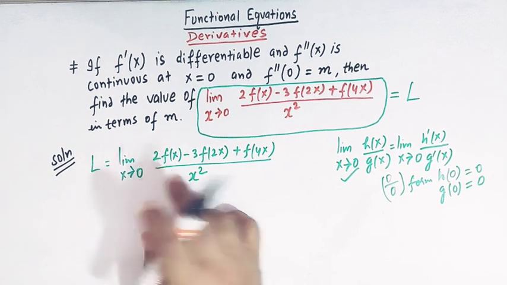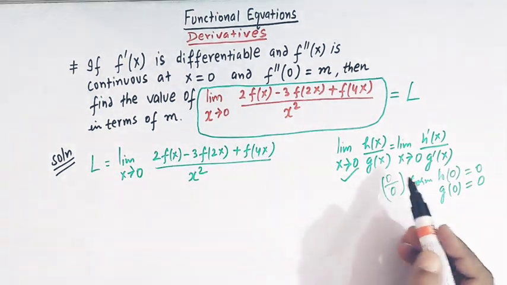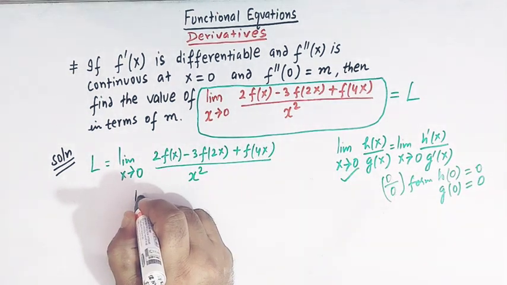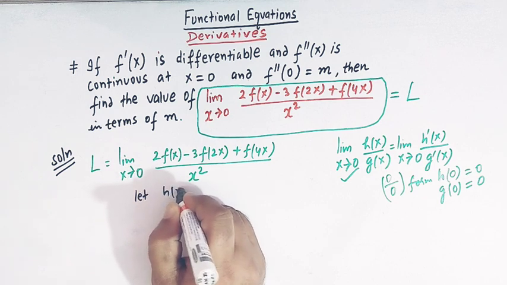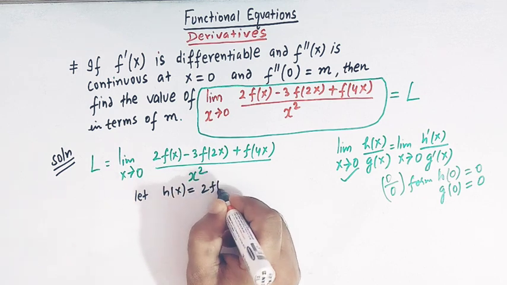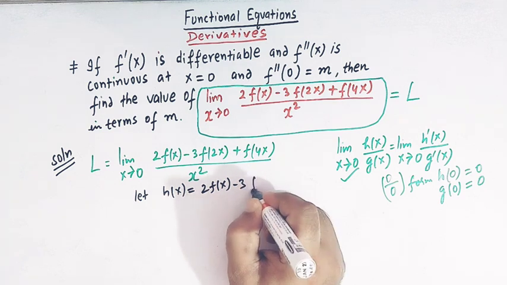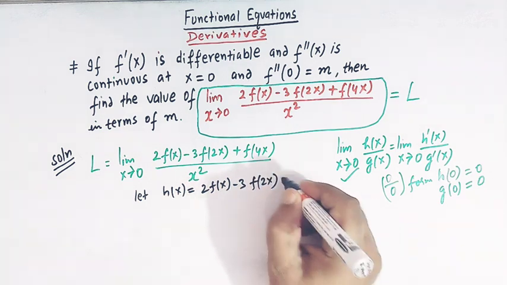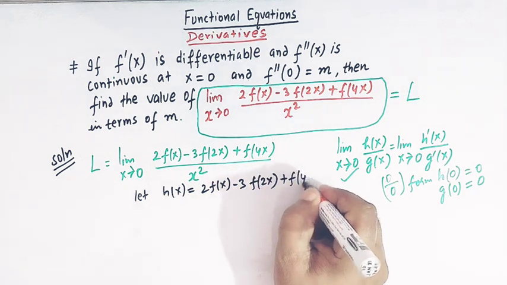So we'll apply this rule to this limit. Let us take the numerator as h of x, that is 2 f of x minus 3 f of 2x plus f of 4x.